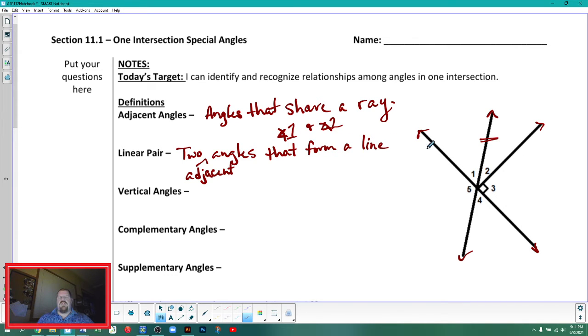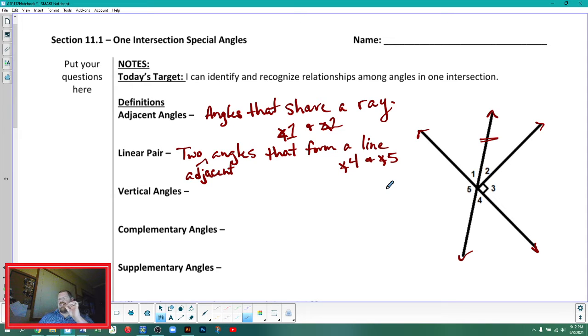So they form a straight line between those two adjacent angles. We really only have one example of a linear pair, and that's angles 4 and 5. They come together to form this whole line right here. So angles 4 and 5 are a linear pair.